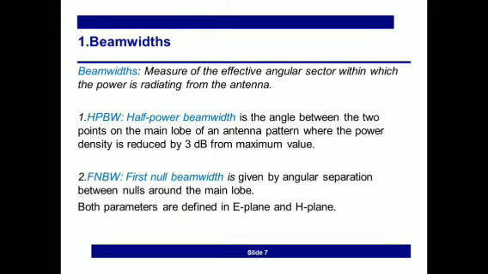Similarly, the beam width between the first nulls is given by the angular separation between the nulls around the main lobe. As I told you earlier, both these parameters can be defined in the E plane as well as in the H plane.